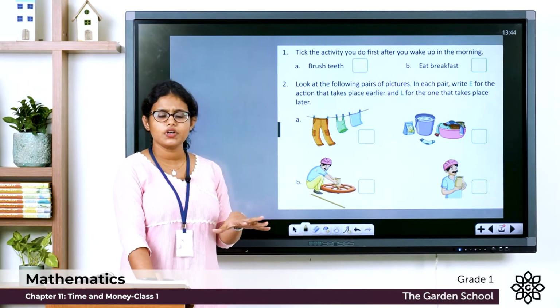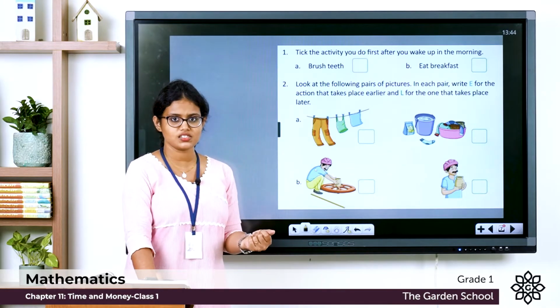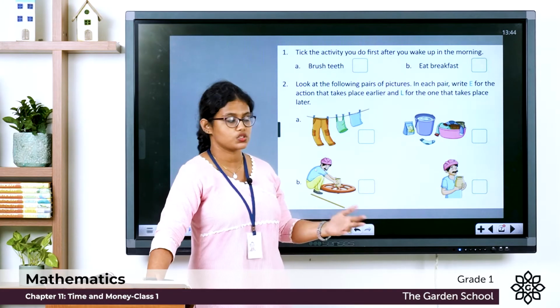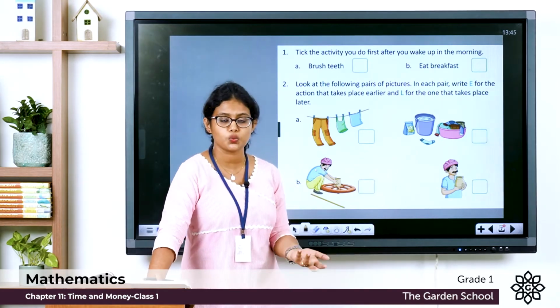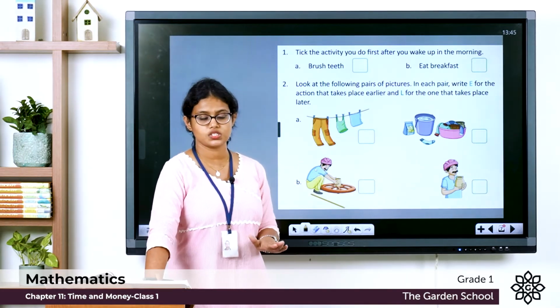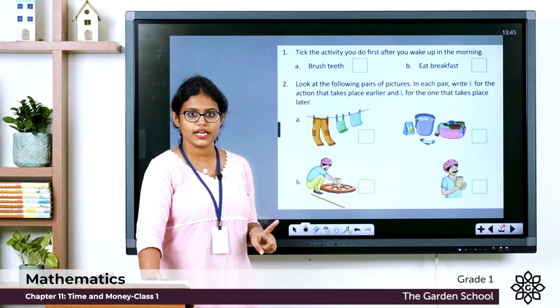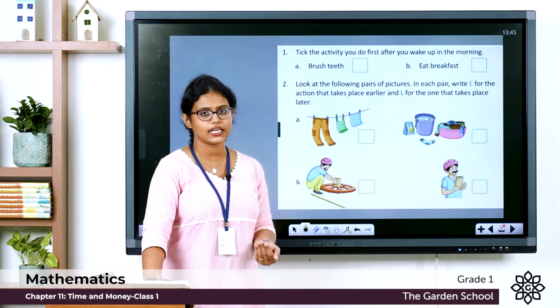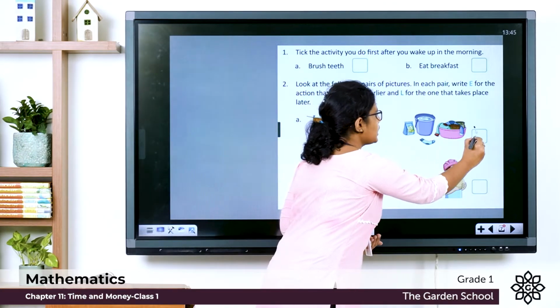So which step happens first? So first you wash the clothes, right? You use washing powder, you use water to wash the clothes. So that happens first, right? We can write earlier. So you can write here E.